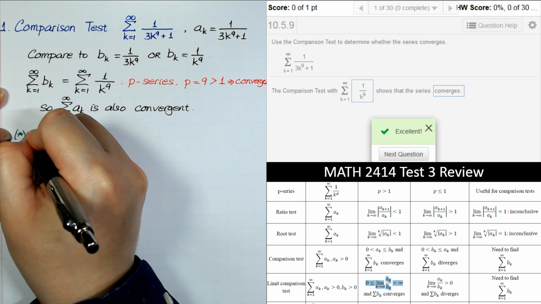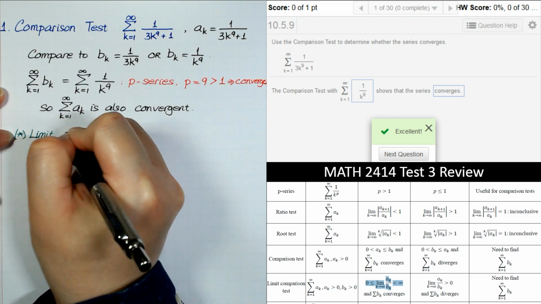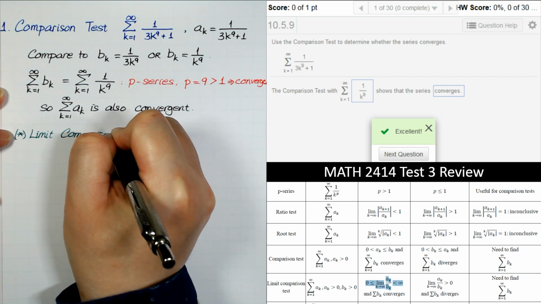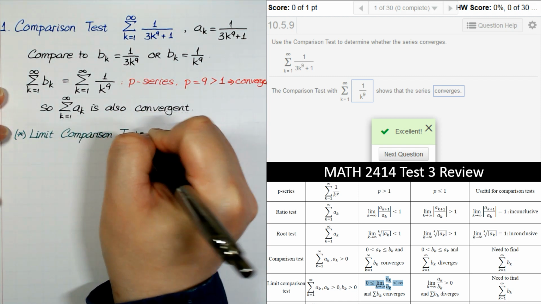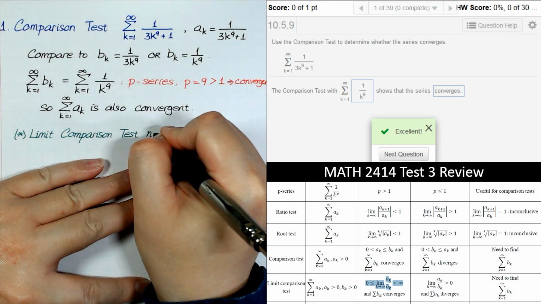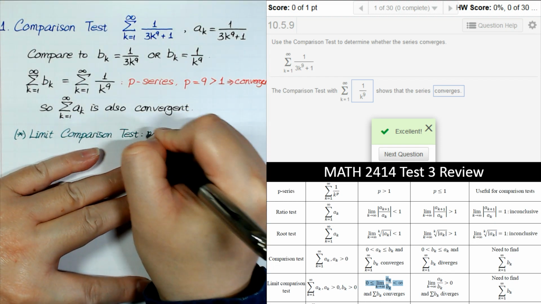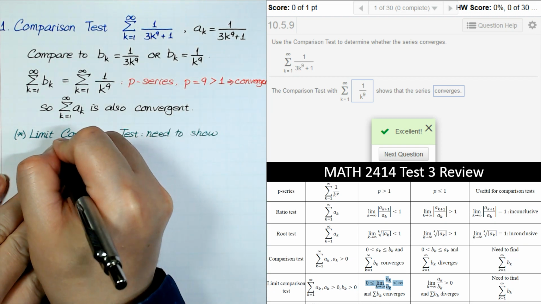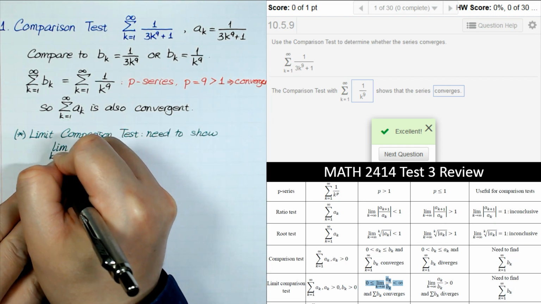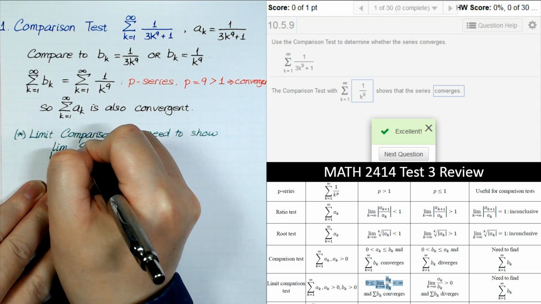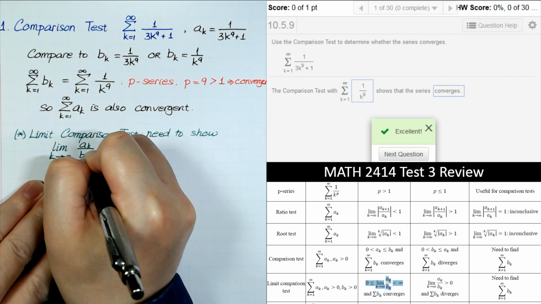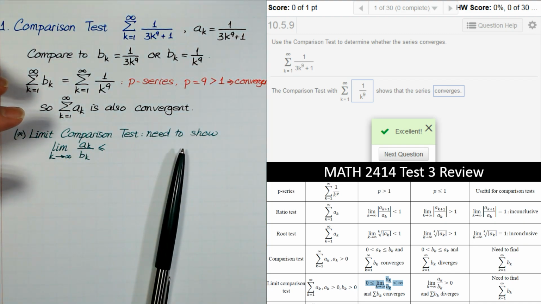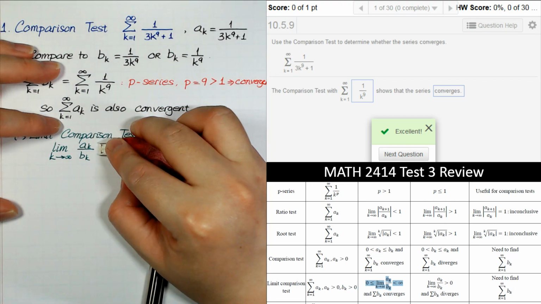Technically, the limit comparison test need to show that it cannot be less than or equal to, it has to be less than infinity.